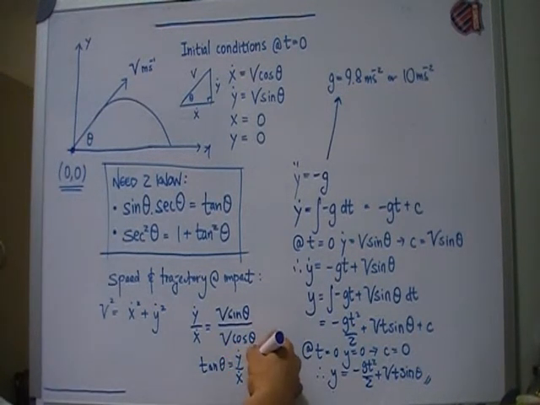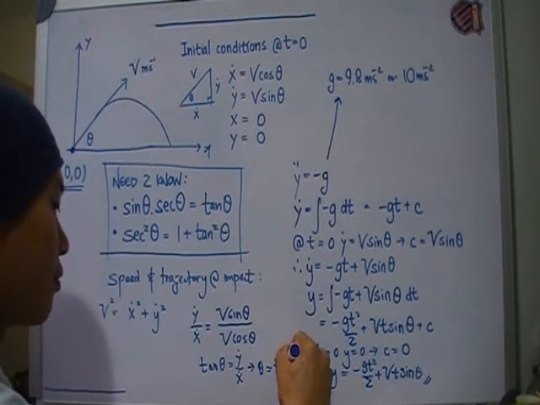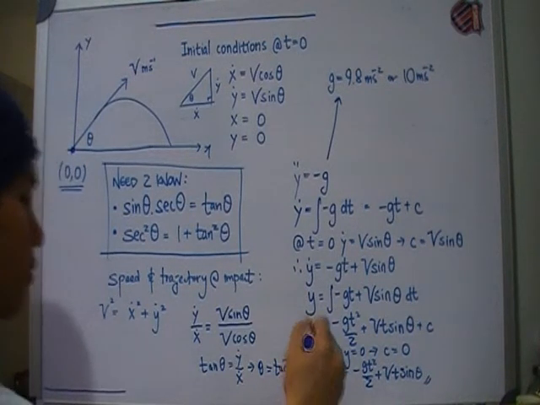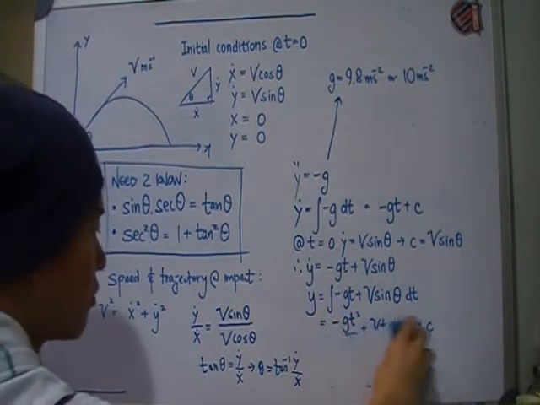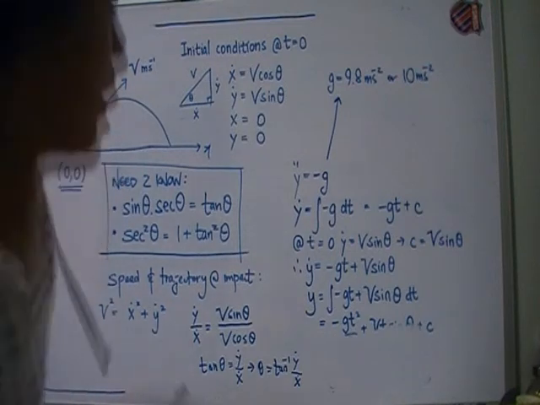So in other words, to get theta, you just inverse tan that. Alright, so that's how you would tackle any speed and direction at impact questions using that.